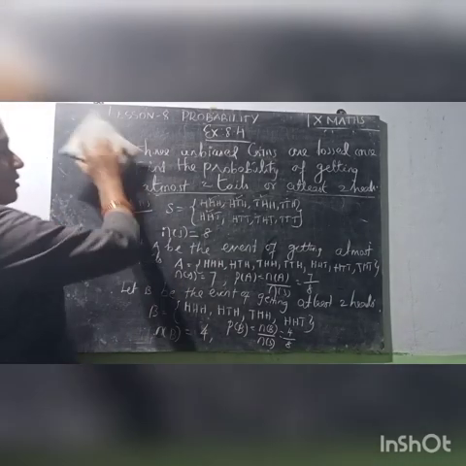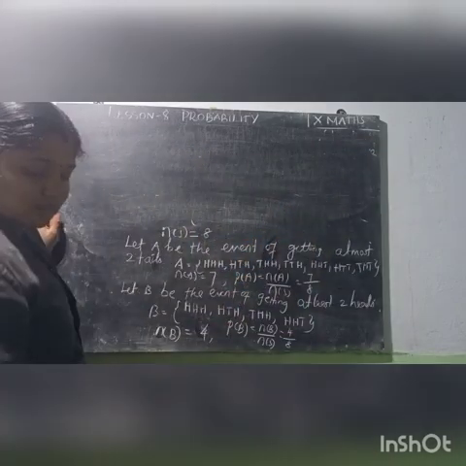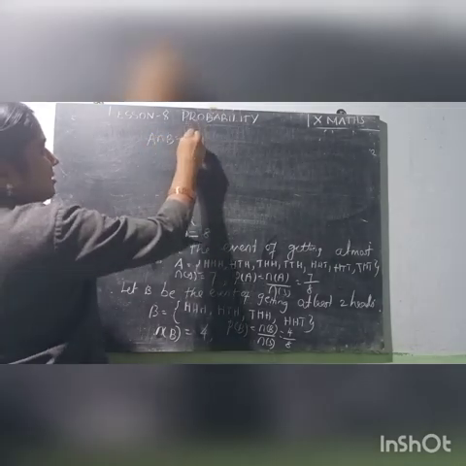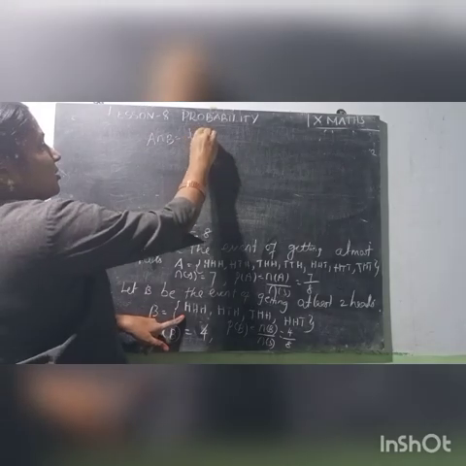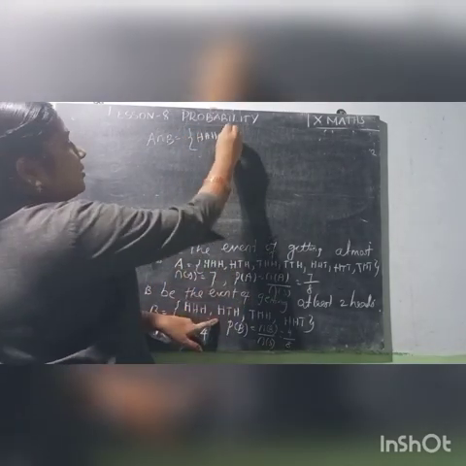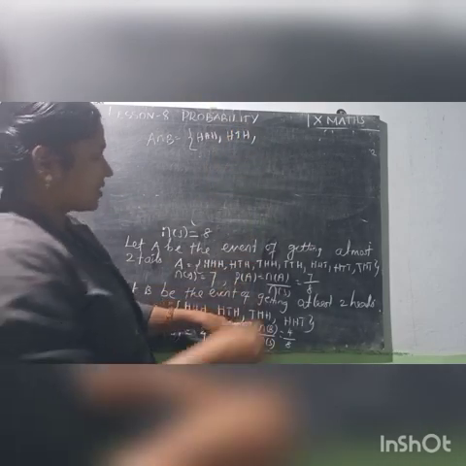Then next we want to find out the common events for A and B. So now A intersection B. So find out the common events. Triple H common. Then HTH common. Then THH common.